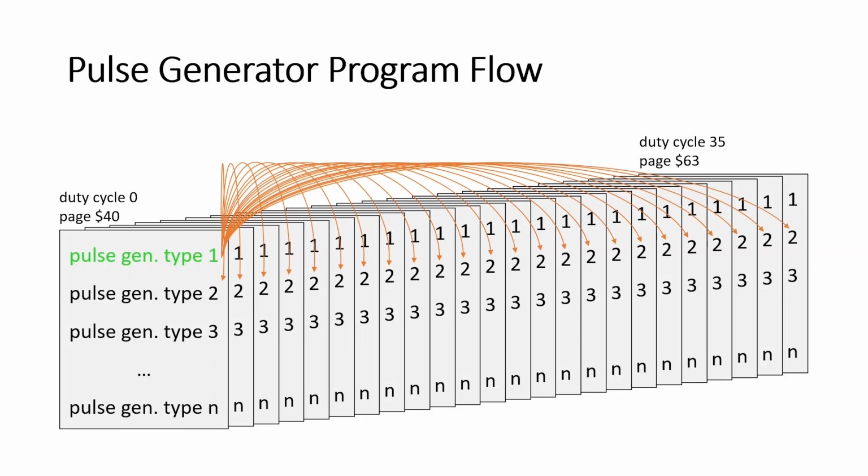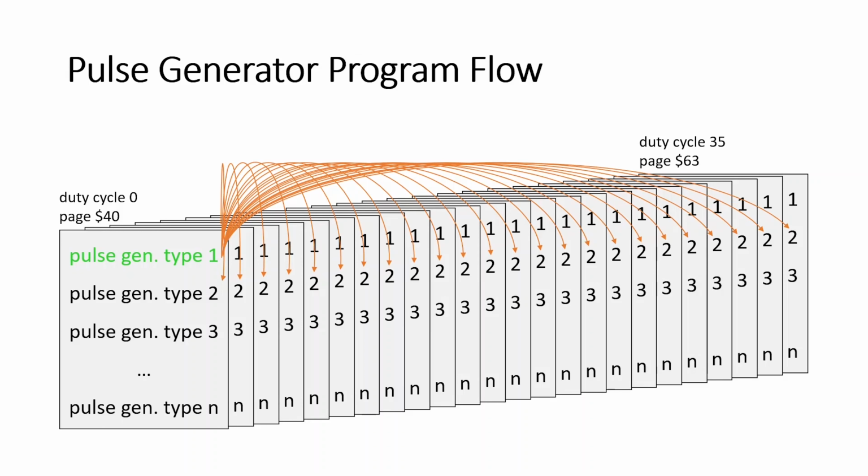We know for sure that the next pulse generator executed will be of type 2 because that's set in our jump target offset, which is not modified. However, the jump target page will be modified, so it could be possible that we execute any of those denoted pulse generator type 2 variants based on the wanted duty cycle.